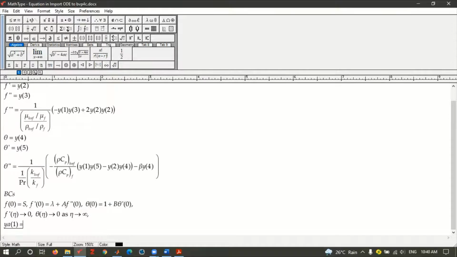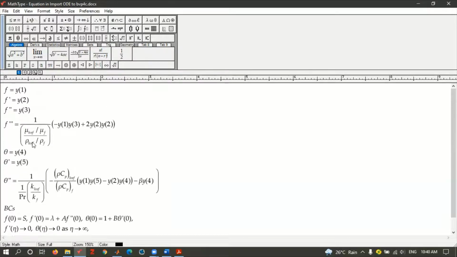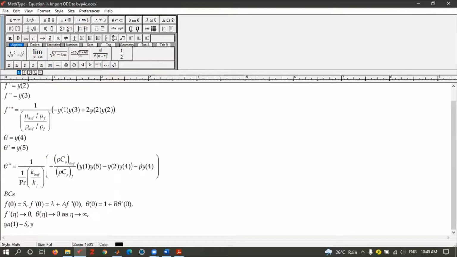So for eta equals 0, we write ya1 equals s. But in the code, we cannot put the equal sign, so we need to transfer s to the other side. So it should be minus s. Okay, and then we have f prime equals lambda plus a, and f double prime is 0. So f prime is y2, so it should be ya2 because eta equals 0.